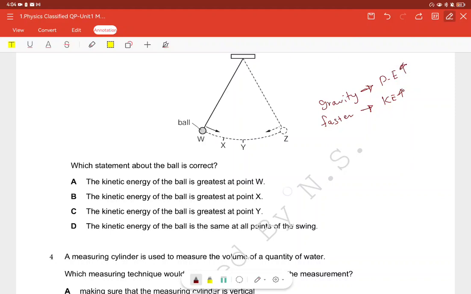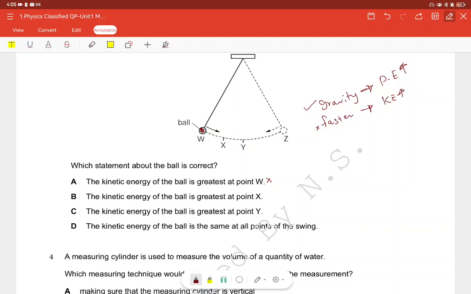At W, it is the highest point, so it has more potential energy but less kinetic energy. Now, it says the kinetic energy of the ball is greatest at point W. That's wrong, because it's high, so it has the greatest potential energy.